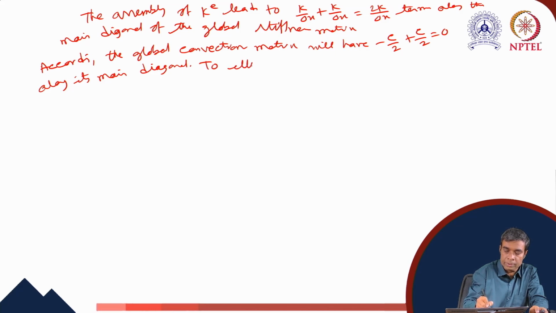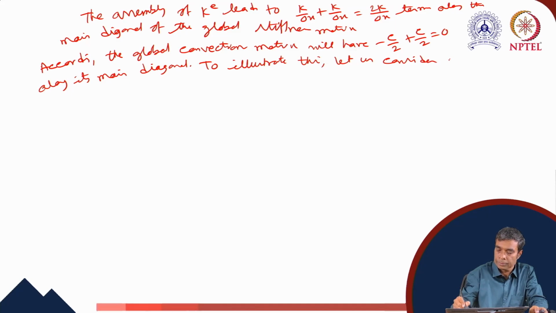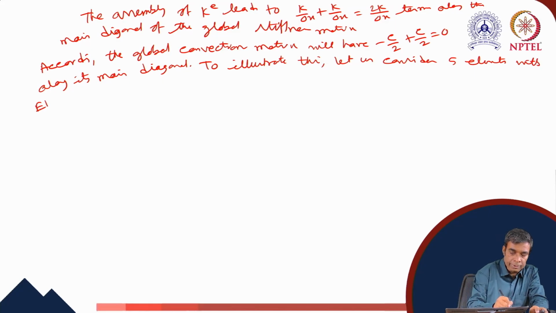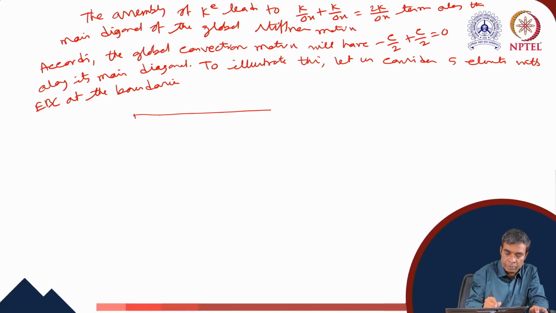To illustrate this, let us consider 5 elements with EBC at the boundaries. So we shall consider 5 elements. This we have done many times in this course. So global nodes 1, 2, 3, 4, 5, 6, and our elements are 1, 2, 3, 4, 5.